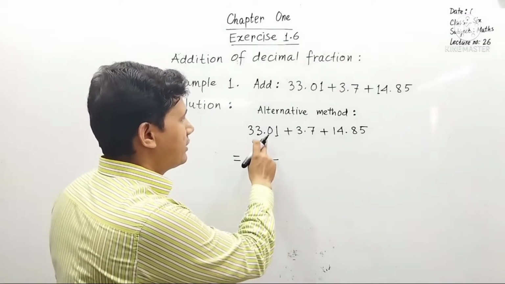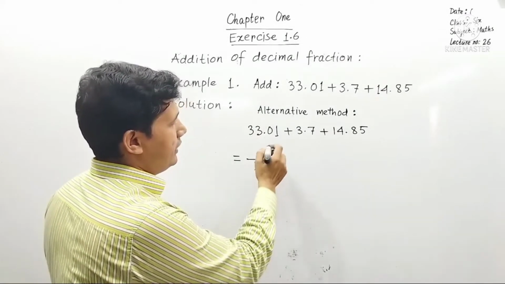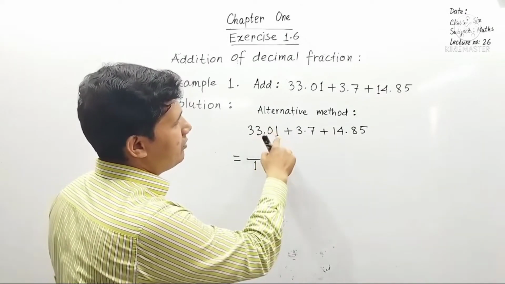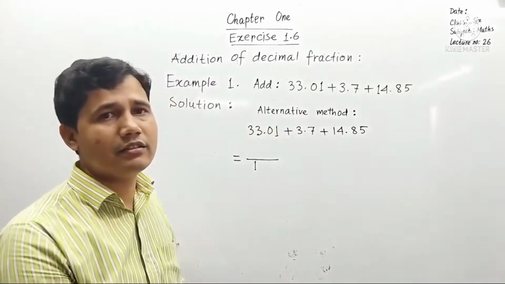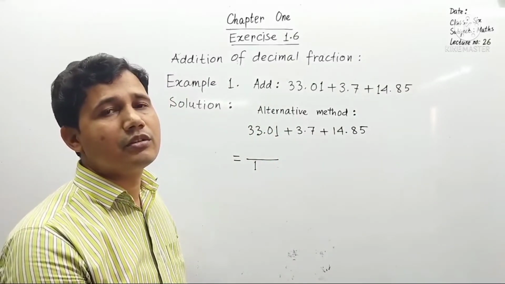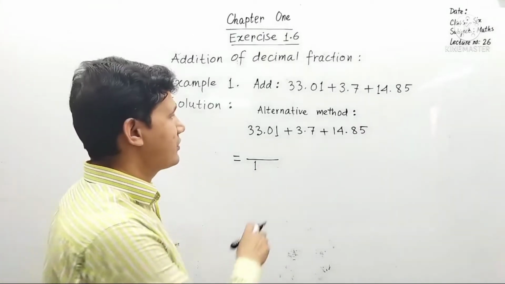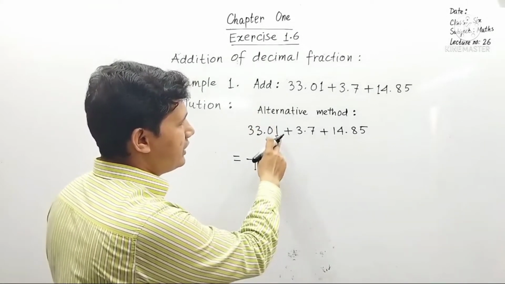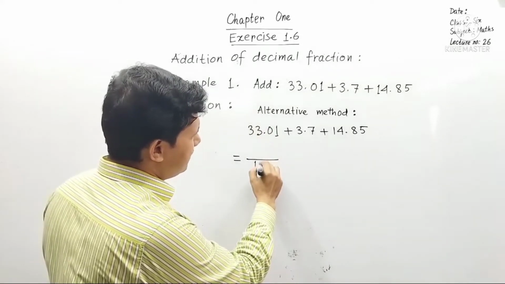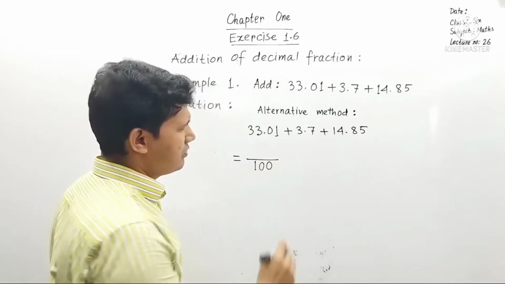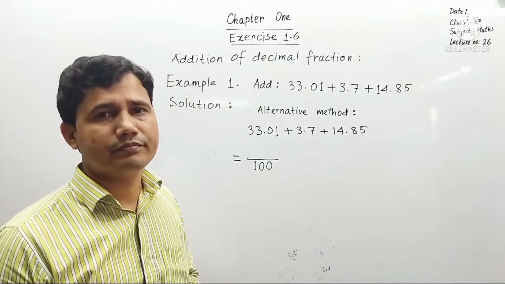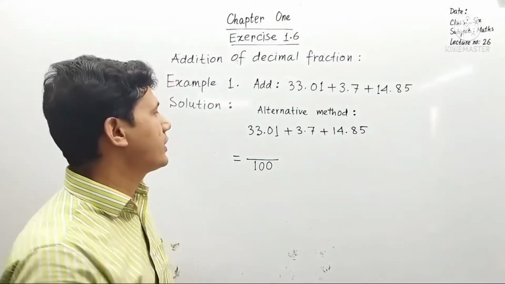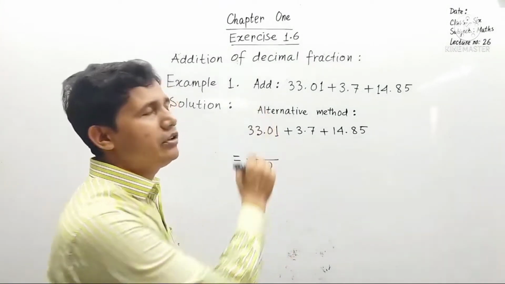Then after the decimal point, how many digits here? 2 digits. 1, 2. Instead of these 2 digits, you will give 2 zeros. Okay? Then it will be omitted.